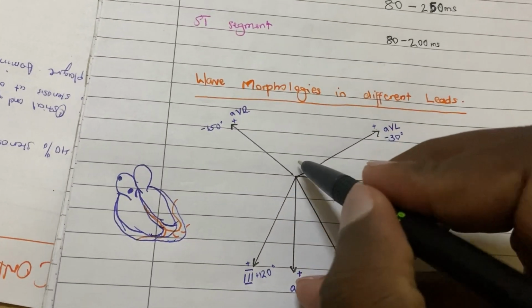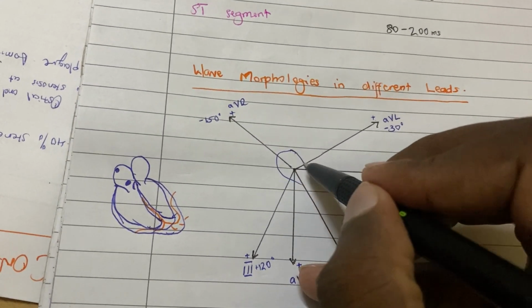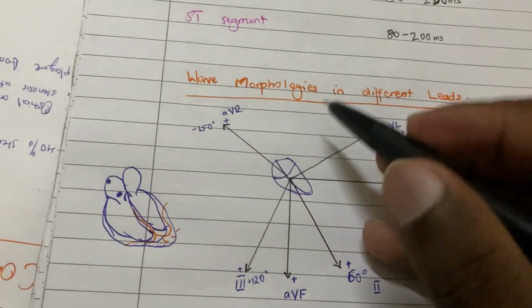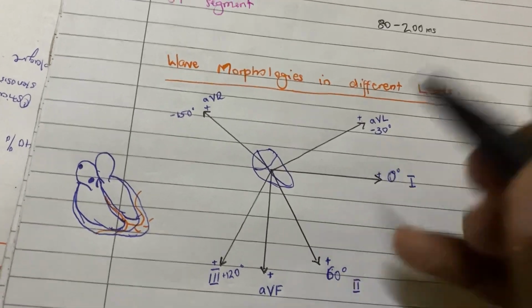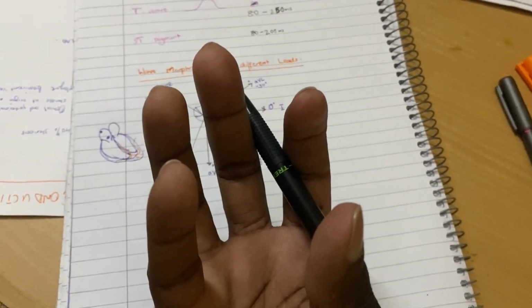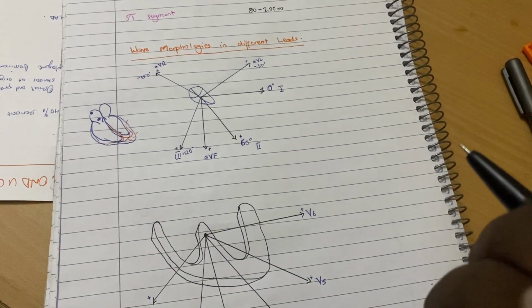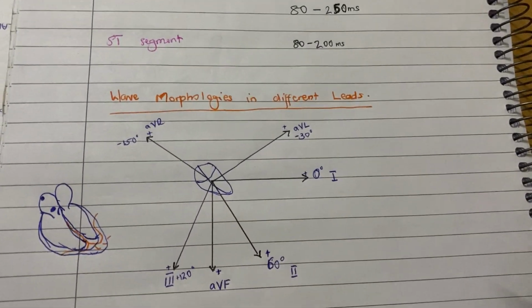So if this heart is here, central, the depolarization will be going this side, towards the left and inferiorly. Because the heart is a 3D structure, it has the inferior wall, anterior wall, lateral wall, and right.